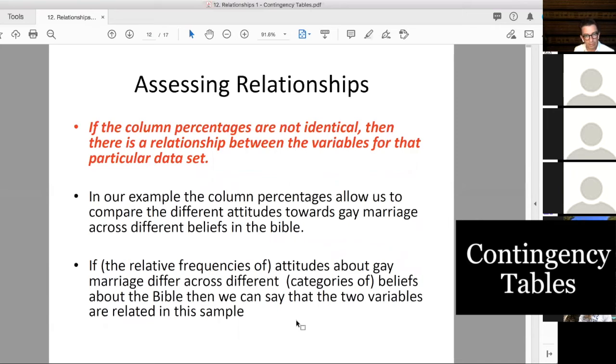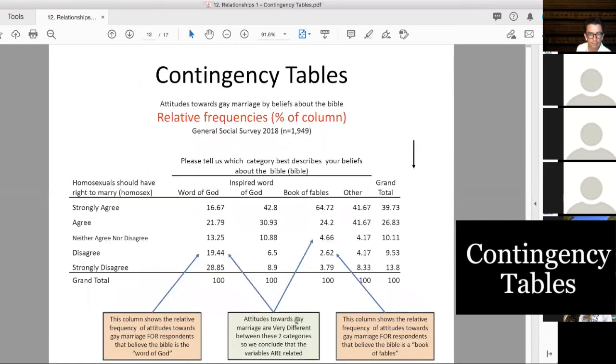In our example, the column percentages allow us to compare the different attitudes towards gay marriage across different beliefs in the Bible. Right? If these relative frequencies differ across different categories of beliefs, then we can say that these two variables are related in the sample. For example, we're back here to that table, and we're expressing the numbers as a percent of column, right?